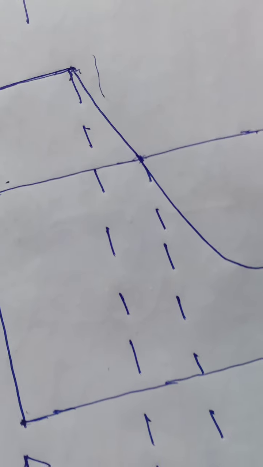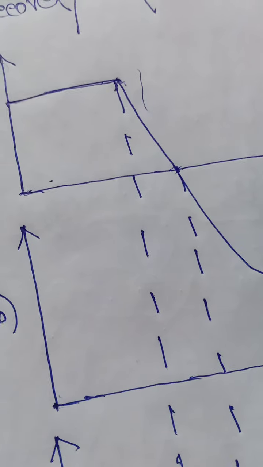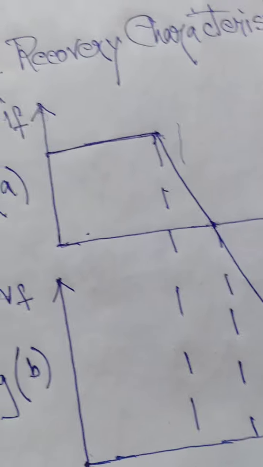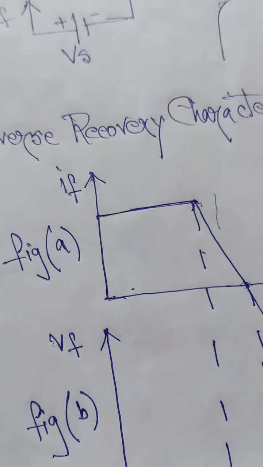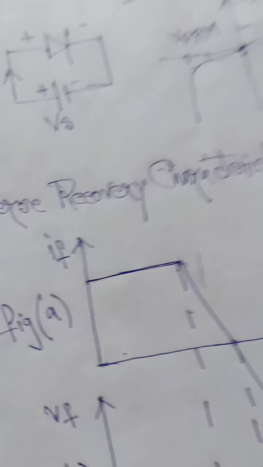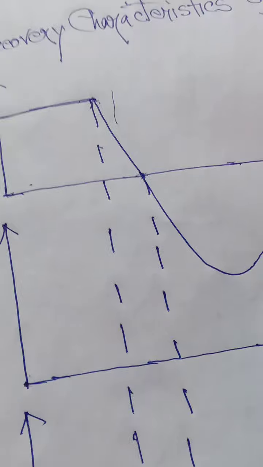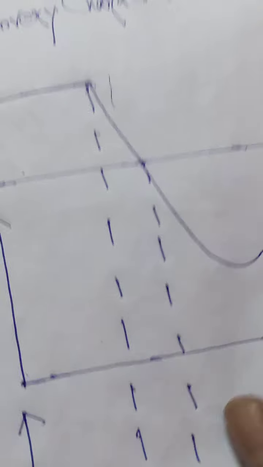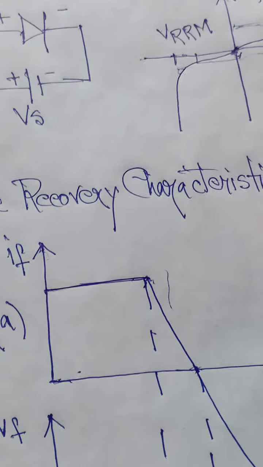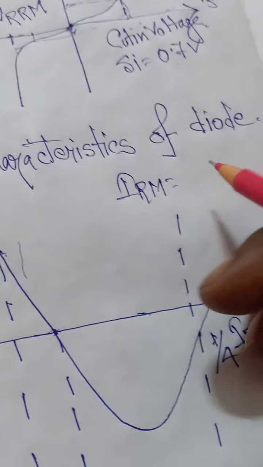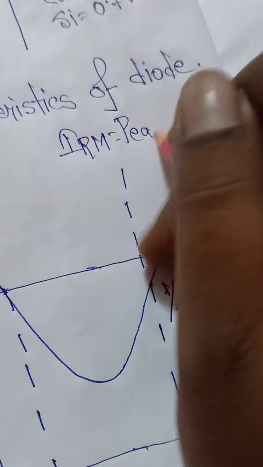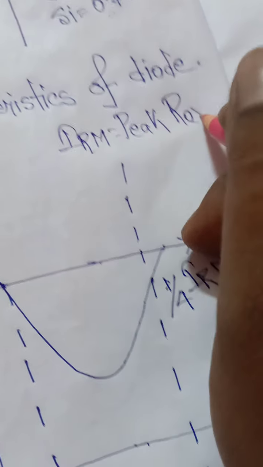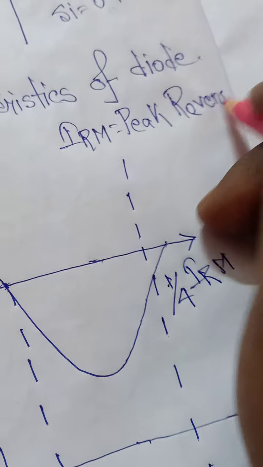Another thing I can write here, I will explain that one. Let me draw 1 by 4 IRM. IRM stands for peak reverse current.